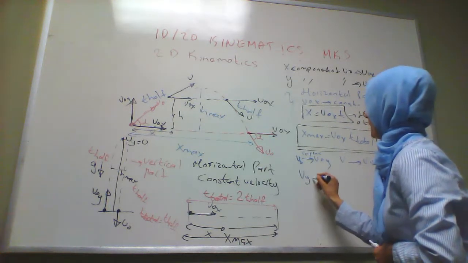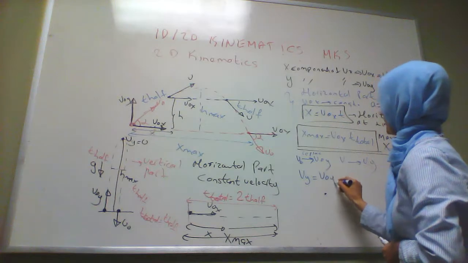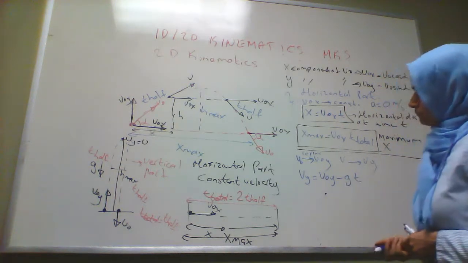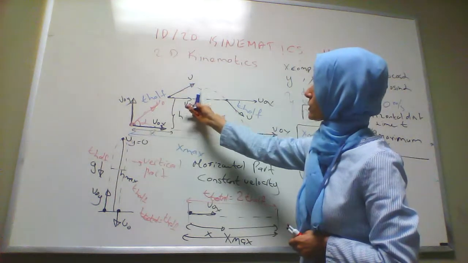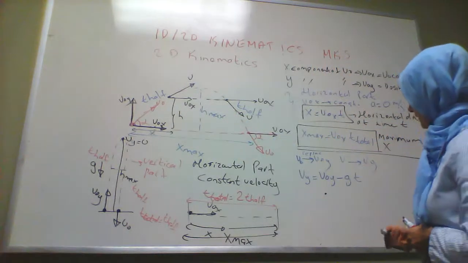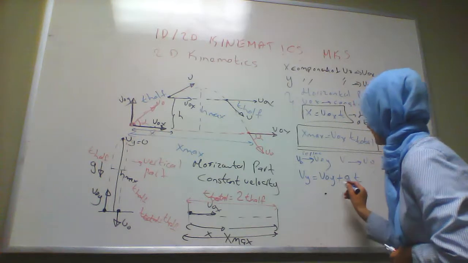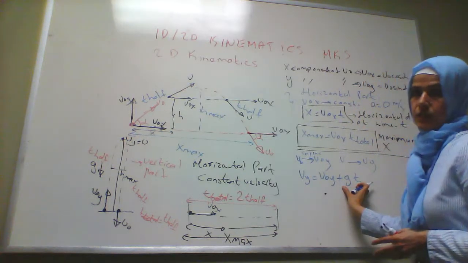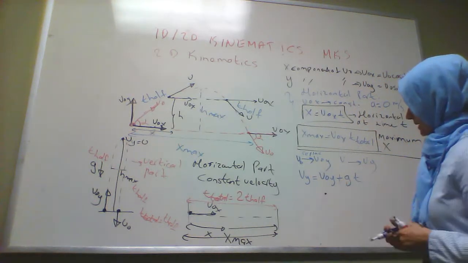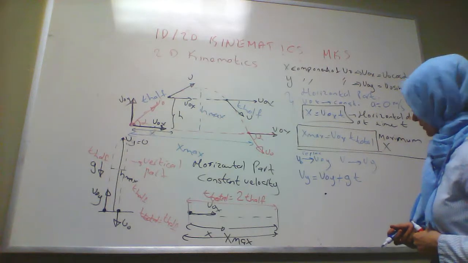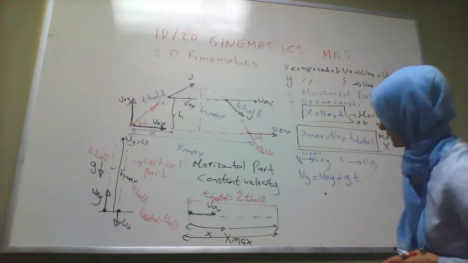So vy at any point will be v0y plus gt if I'm looking at the accelerating part of motion. And if the object is decelerating, again we'll replace plus with minus. Let's see.